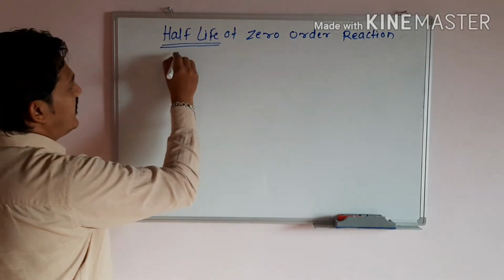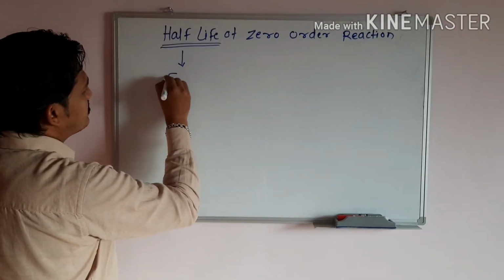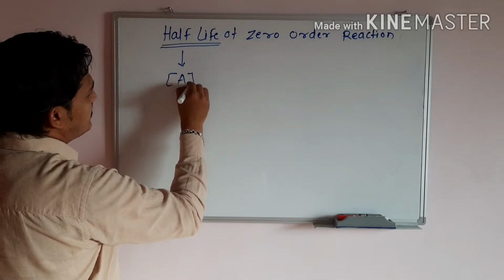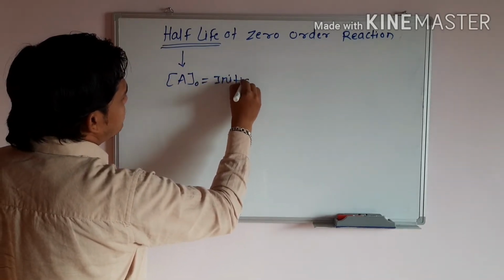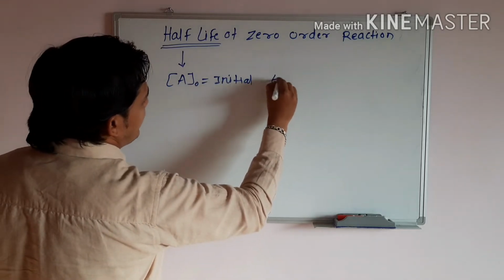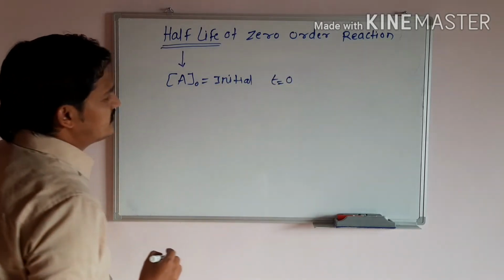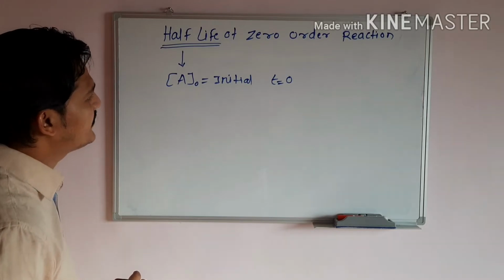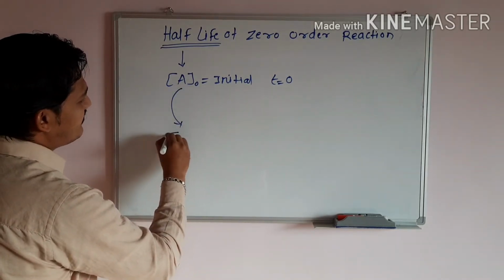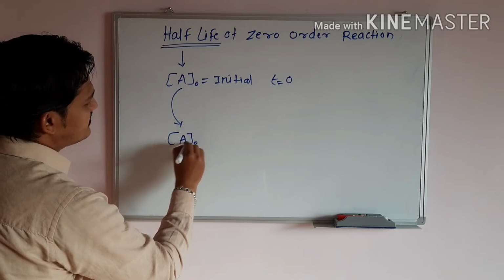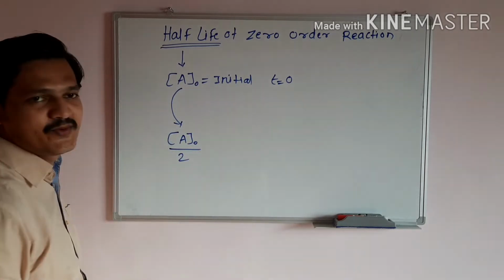The initial concentration is given by the letter A0. Here time is equal to 0. The time required to reduce half of the initial value. Its half is given by A0 by 2.